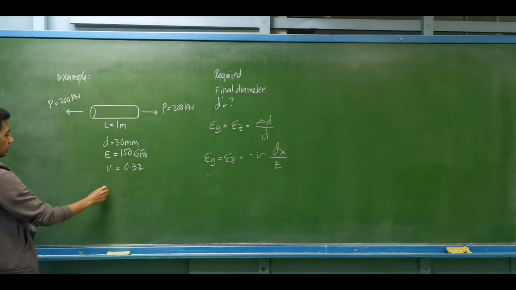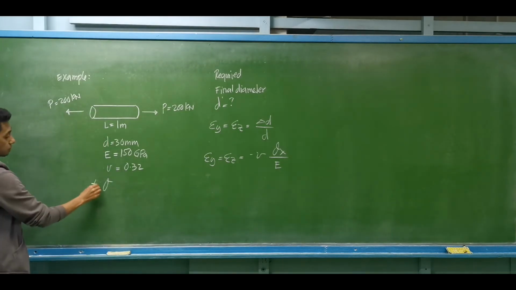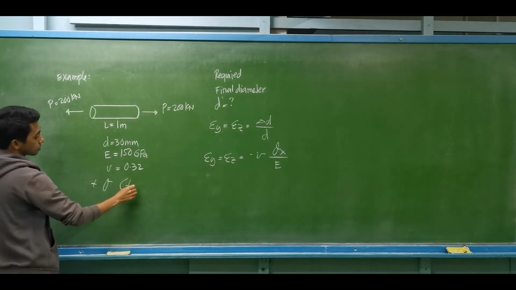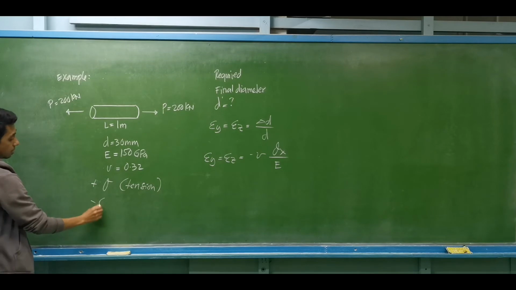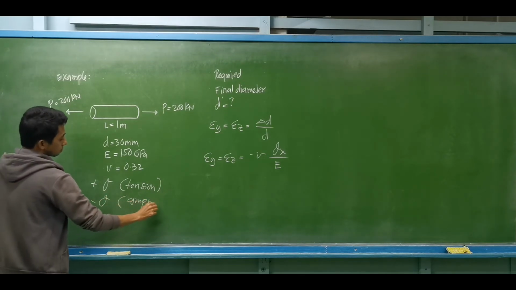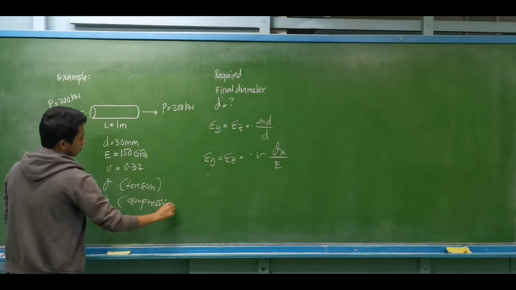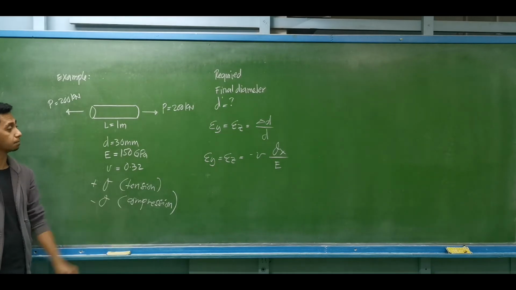So by the way, if we are to deal with stresses using this formula, we are to use positive sigma for a tensile stress if the stress is for tension, and negative sigma if the stress is under compression. Alright, so positive sigma for tension, negative sigma for compression.